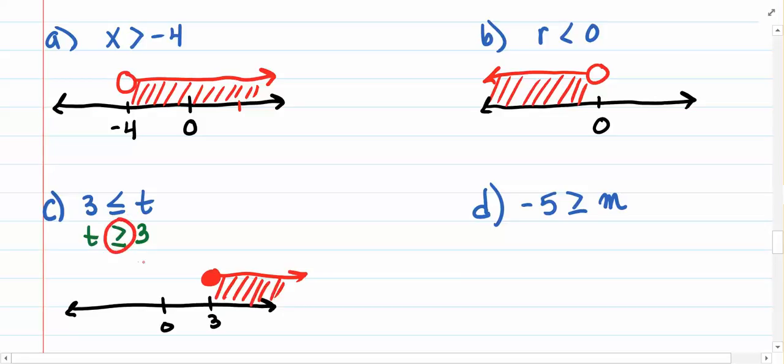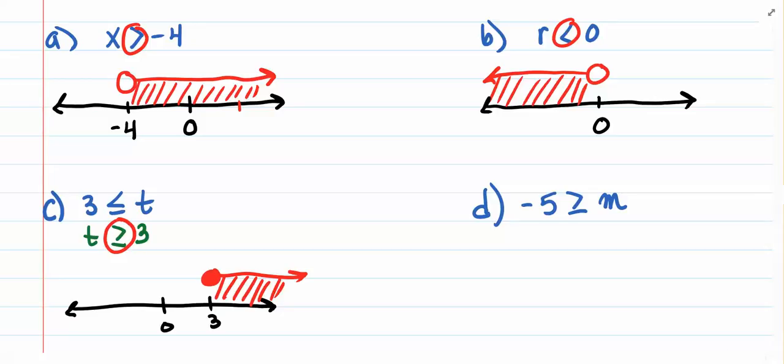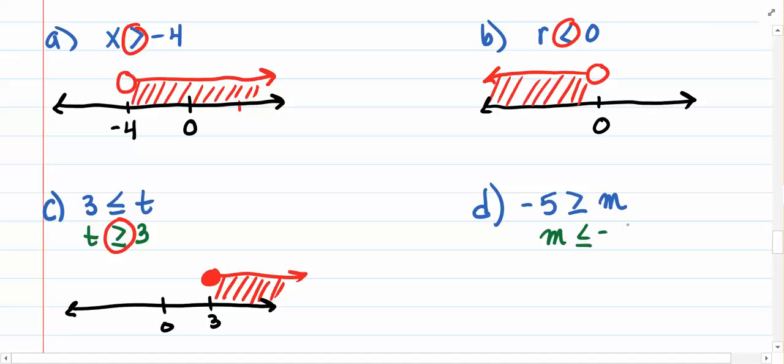So if your variable is on the left of your expression, the inequality sign will always point in the direction you shade. If it's not, it'll be the opposite. Last example. Negative 5 is greater than or equal to m. Well, I would prefer to write it as m is less than or equal to negative 5.